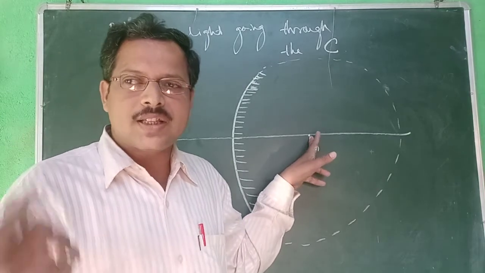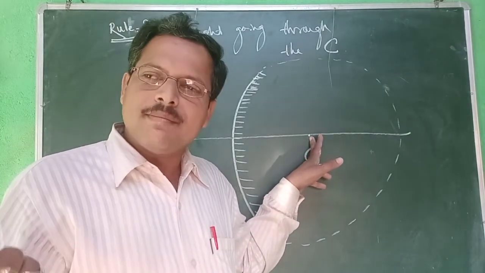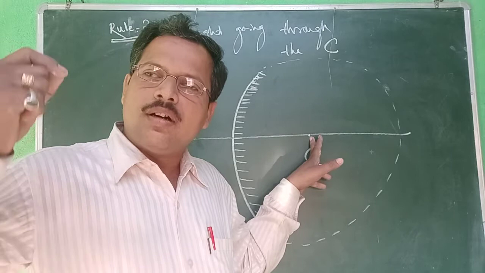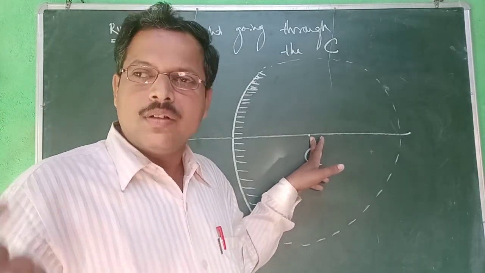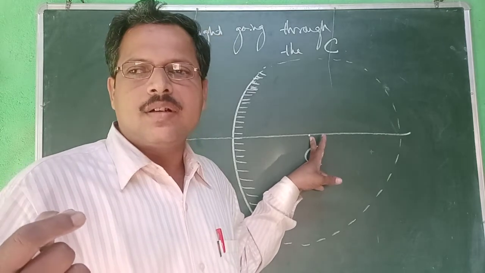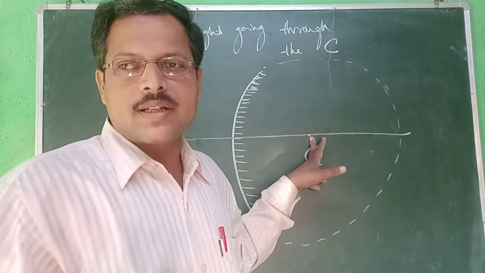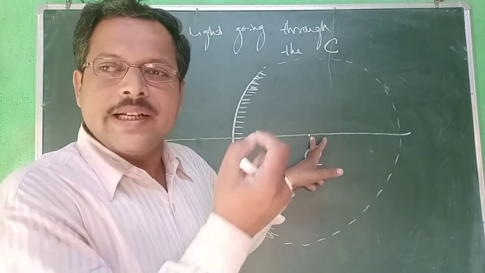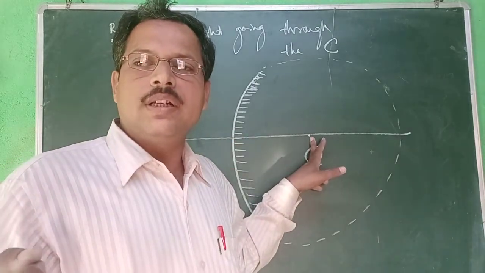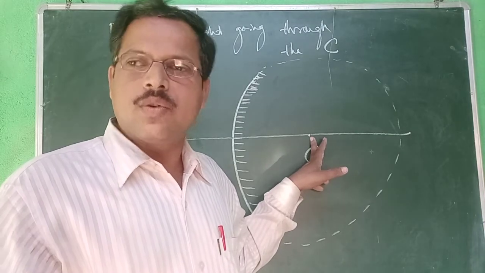Remember the concave mirror: a ray going through the center of curvature follows the same path after reflection, the reflected ray follows the same path by which it came in incidence.